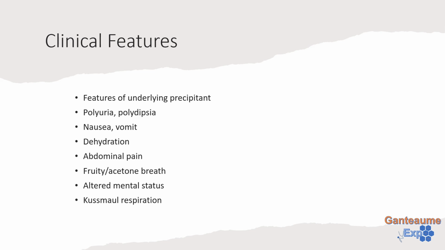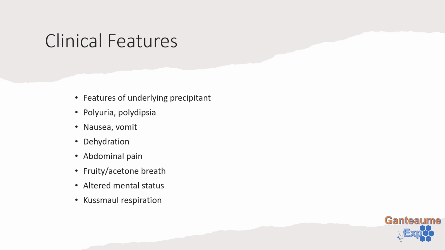We should also pay attention that a patient with DKA is also likely to have some underlying precipitant, because we spoke about triggers. According to what that trigger or condition is, it could overlap the symptoms that are present, or it could also extend the type of symptoms that we're expecting to see in classic DKA.